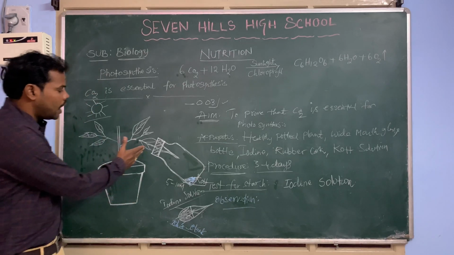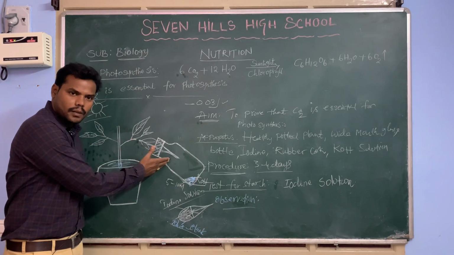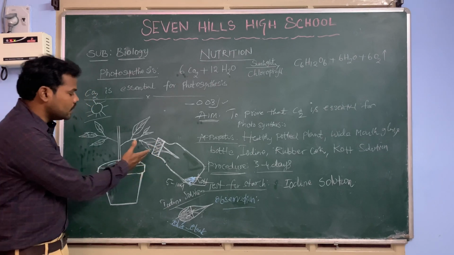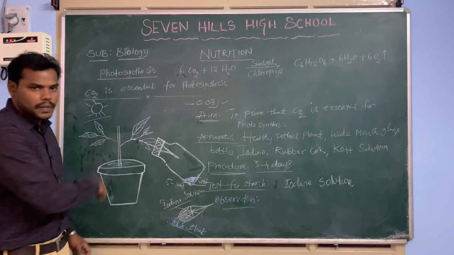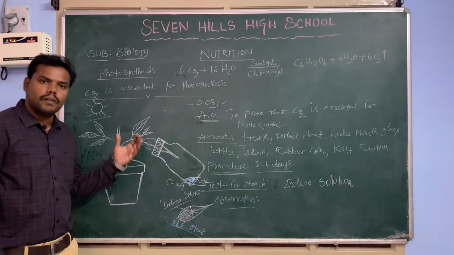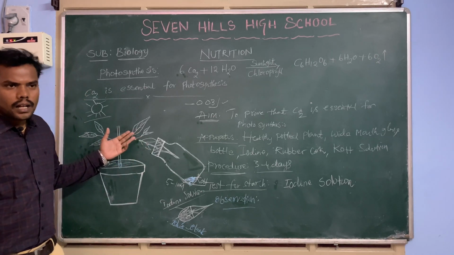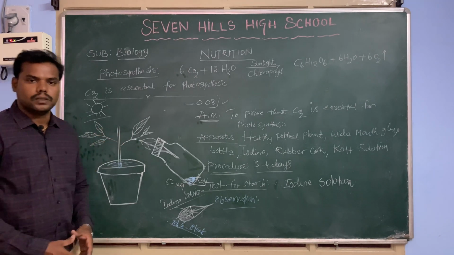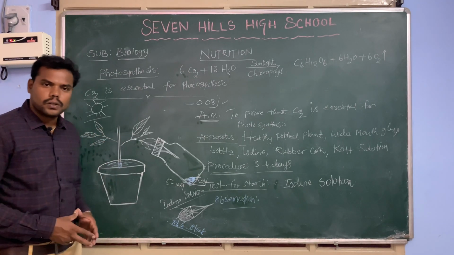We observe that the half of the leaf inside the bottle does not have carbon dioxide, and the half of the leaf outside the bottle is in the atmosphere, so it absorbs carbon dioxide from the atmosphere. So here we show the difference.